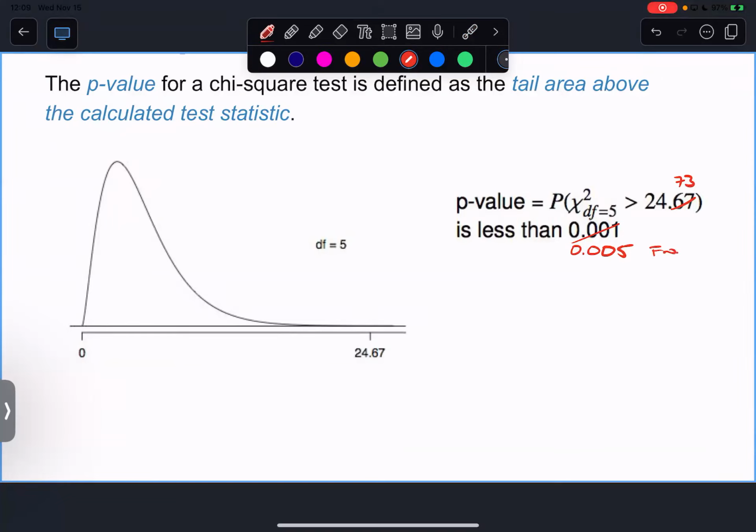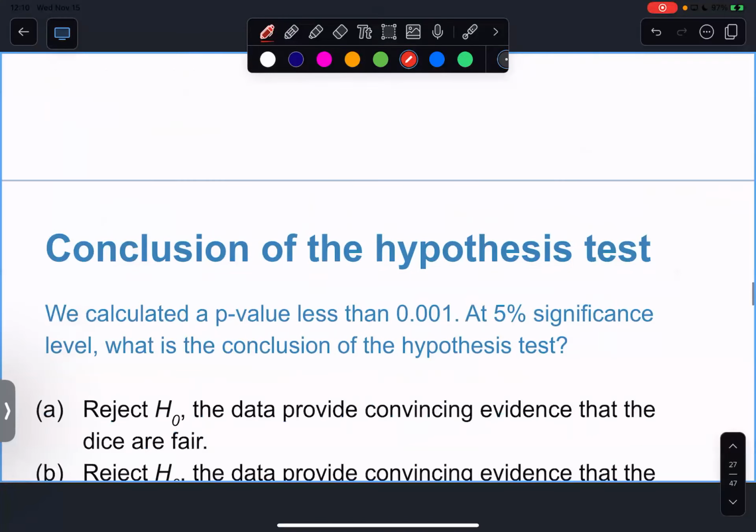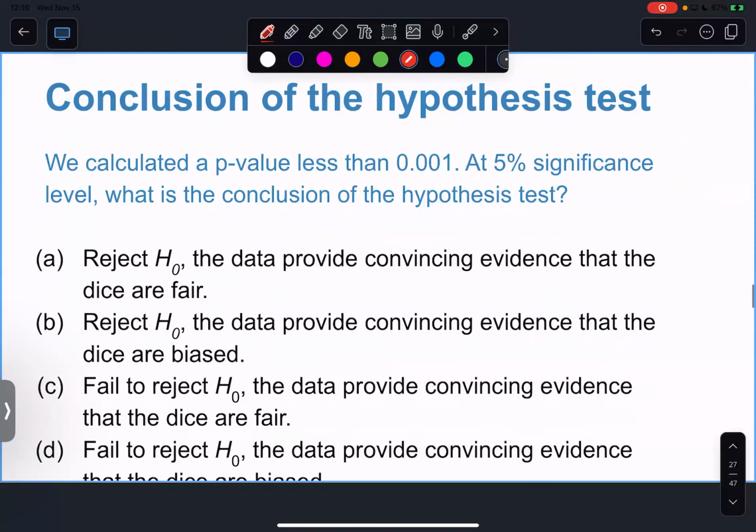So here from our table on the formula sheet, we have a p-value of less than, and in our case, 0.005. It's fine. They just have more precision, that's all. At a 5% significance level, which means what? It means alpha is 0.05.